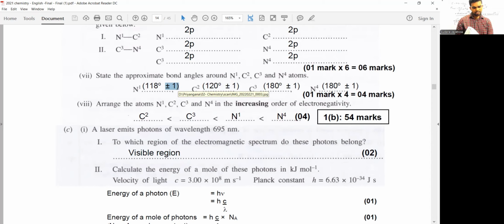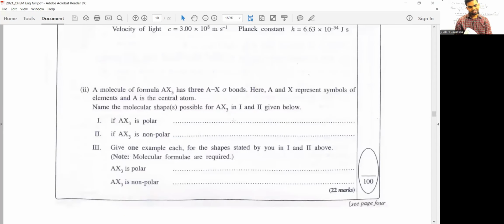Right. And let's go to the last part. The last part is from our previous discussion about polar and non-polar molecules. Yes, let's quickly do that too.